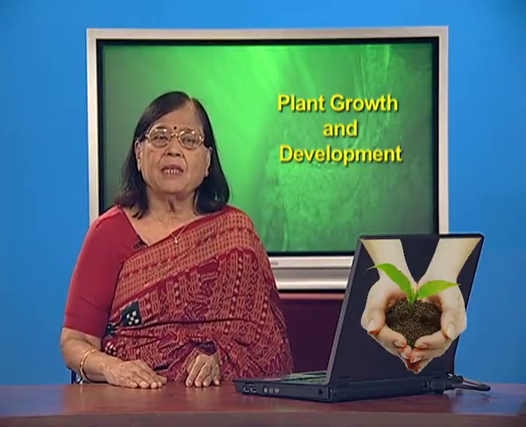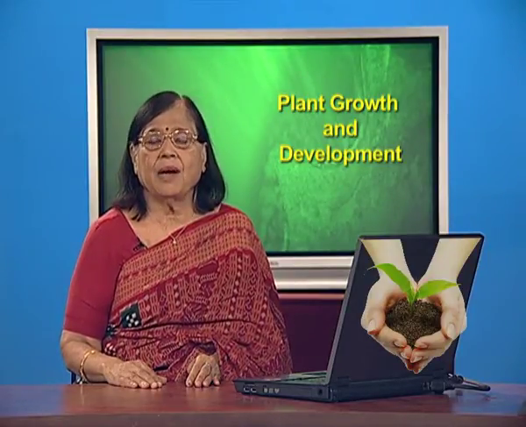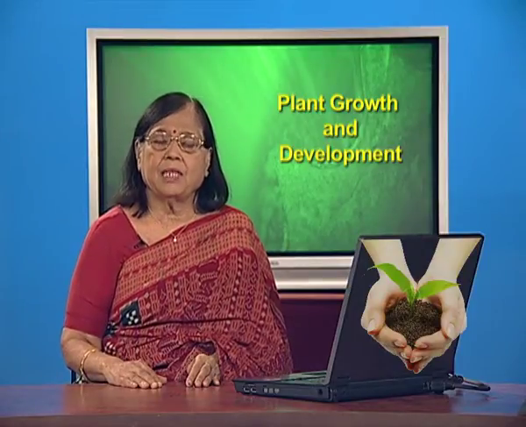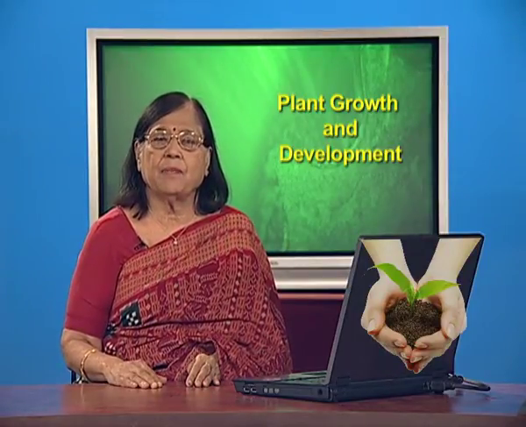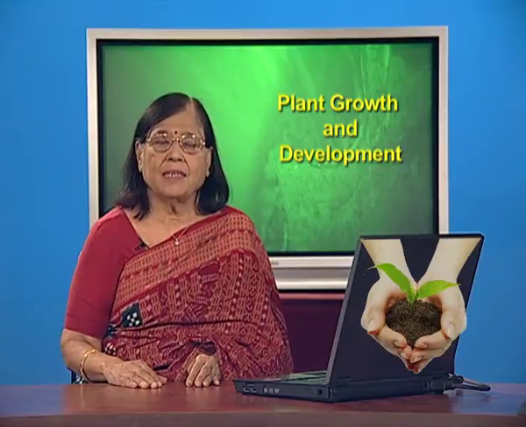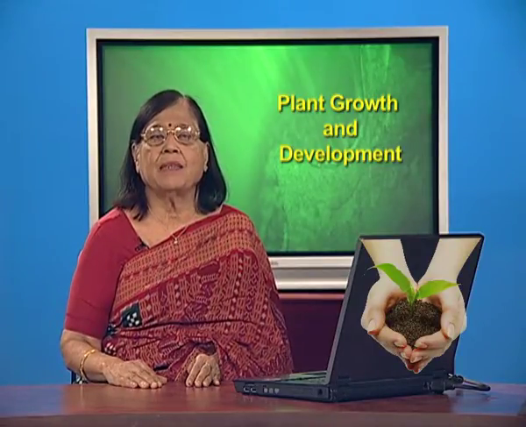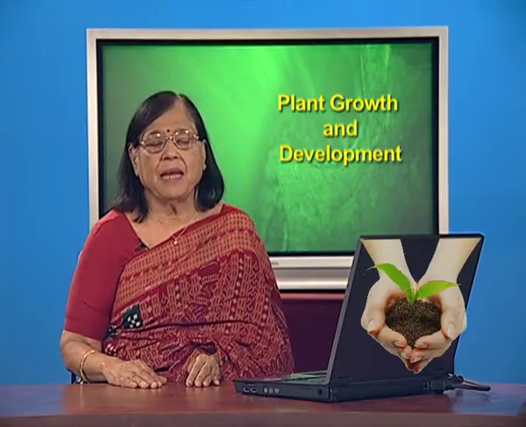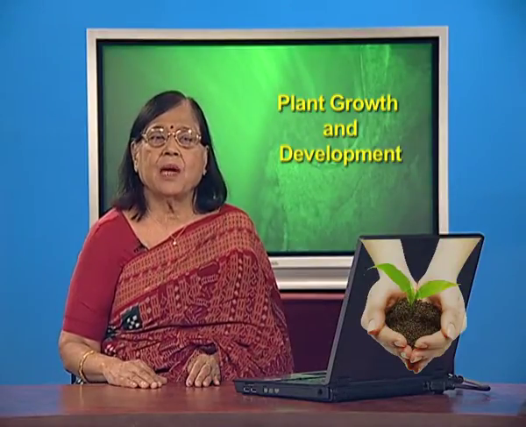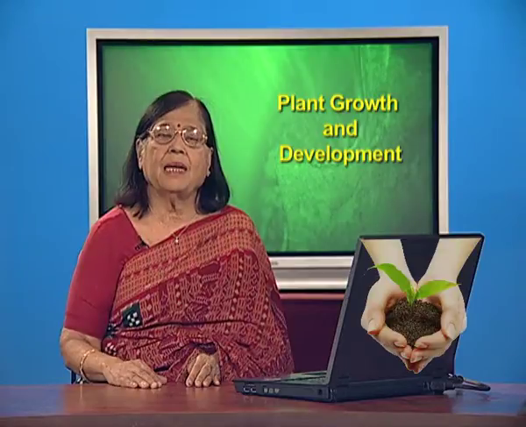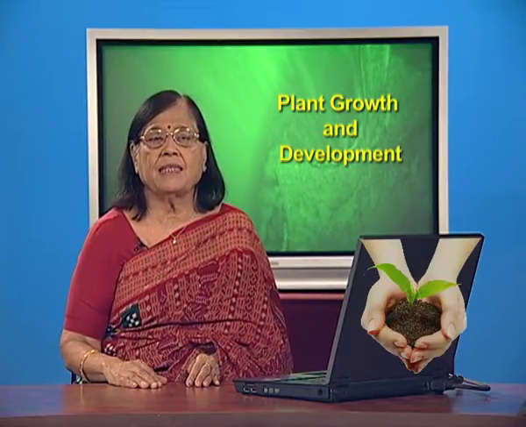The meristematic tissue is a growth area for any plant. It is present at the tip of stem, at the tip of root, and on the sides parallel to the length of the plant. It is present in many areas, and that is how it is giving growth in elongation as well as in girth.